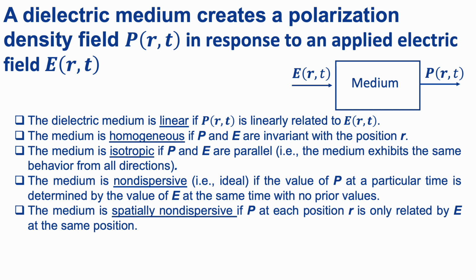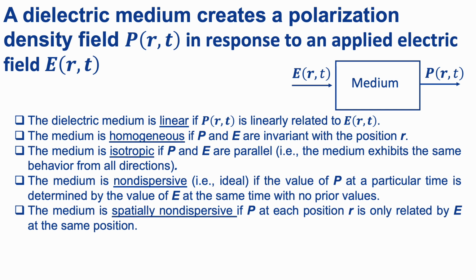When we say that the system is non-dispersive, it means that the polarization field at a particular time is only going to depend on the electric field at that time as well.